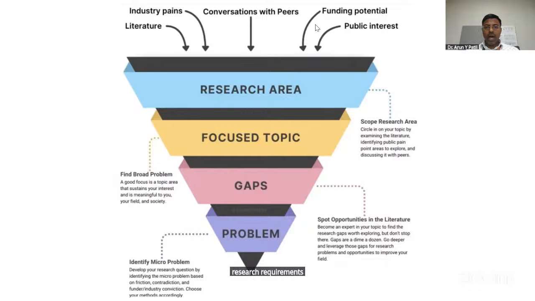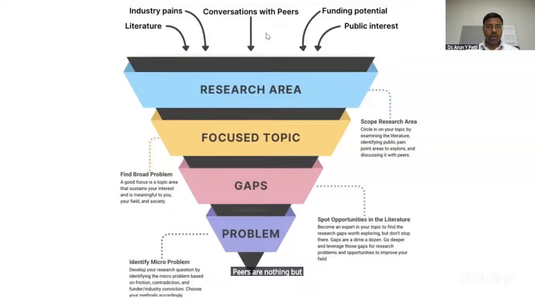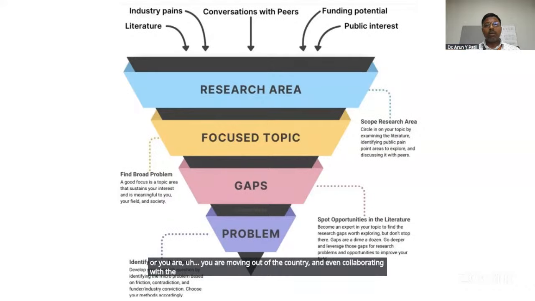And parallelly, you have to have a conversation with peers. Peers are nothing but maybe your own colleagues or faculties from outside colleges, or you are moving out of the country and even collaborating with faculty, scientists or industrialists.